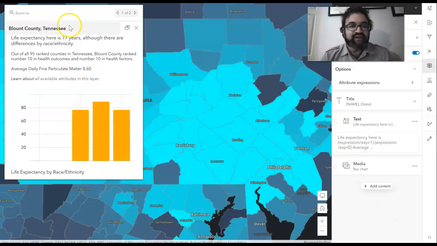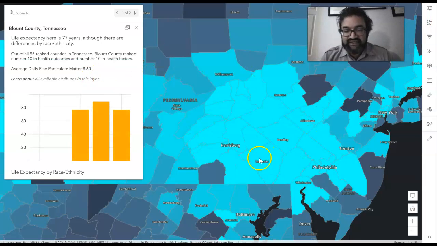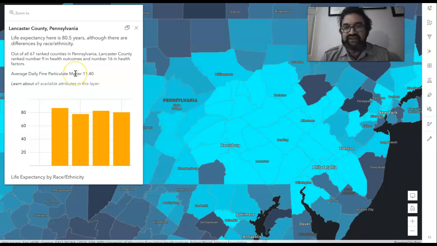So now I can see that in Blount County, Tennessee, the fine particulate matter is 8.6. You can see in Lancaster County, average fine particulate matter is 11.4, which is higher than Blount County.